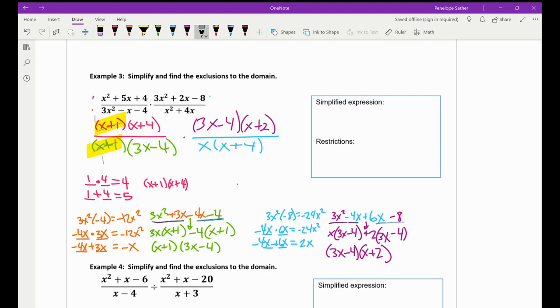And then if we go on across, you see an x plus 4 and another x plus 4 in the denominator. So those two things can cancel each other out. So those turn into positive 1s as well. We keep going. 3x minus 4 and 3x minus 4. Those cancel each other out.